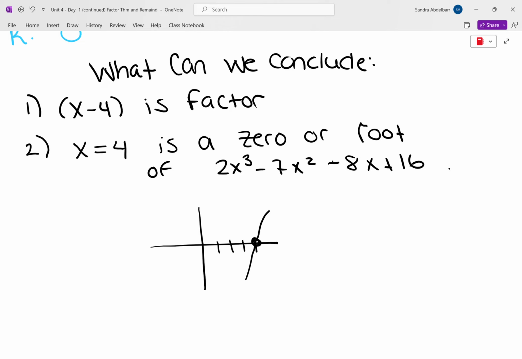It means this graph at some point is going to cross x equals 4. So 4 on the x-axis. So whatever this graph looks like, at some point it's going to cross where x is 4. That's what it means when it's a 0 or a root. It's crossing the x-axis at that point, at that number.